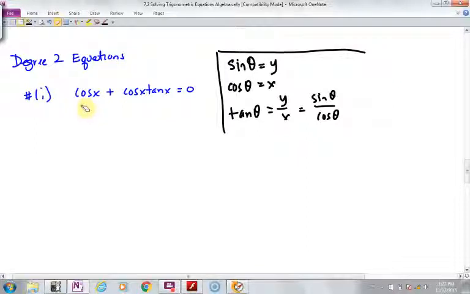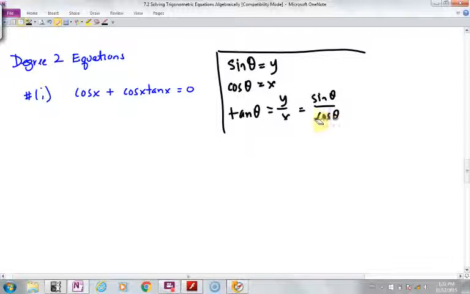So we have cos x plus cos x tan x equals 0. Okay? So what I am reminding you of over here is that tan x is the same as sine x over cos x. And that's important because tan x has something in the denominator.